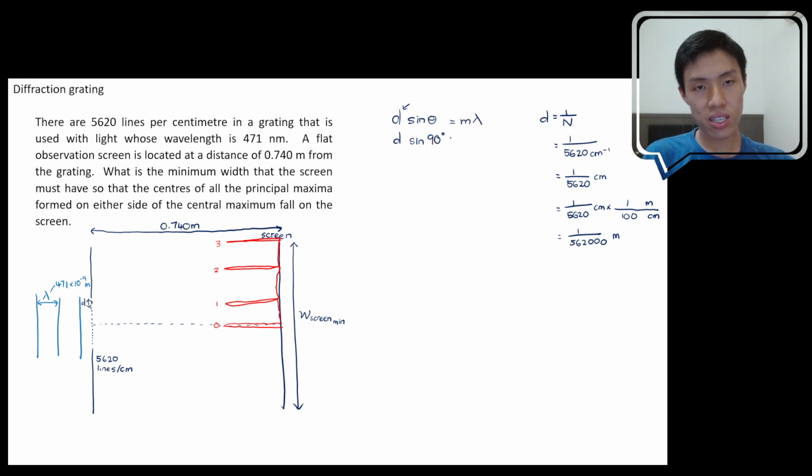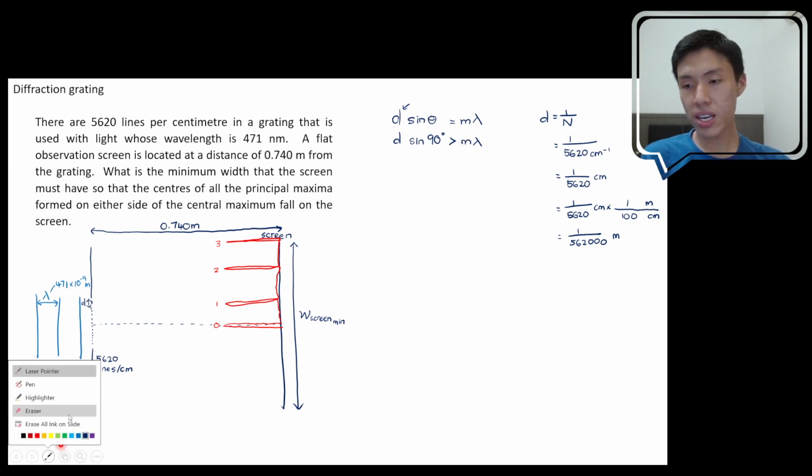So you can say that D sine 90 is greater than m lambda, or m lambda is less than D sine 90. From here we can also write things more clearly and say that since this is m, we can call it the maximum m, or we label it as m max.